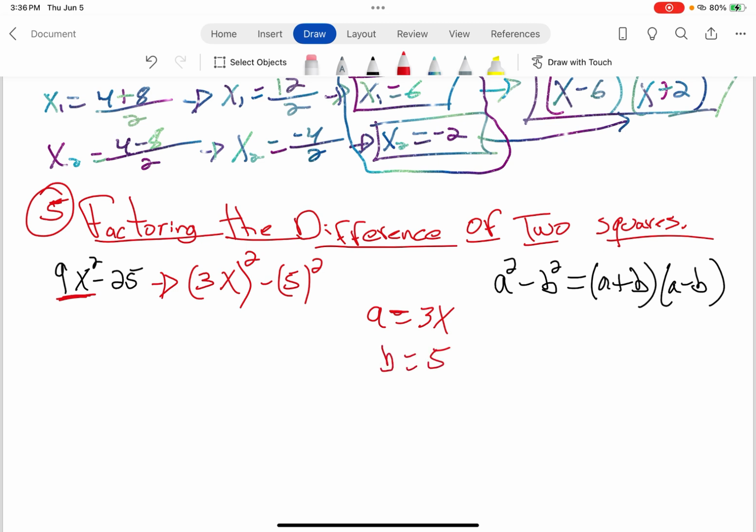Since I have those two numbers, now I can just plug in the formula. Here, parenthesis, a, who is my a? 3x. Then says plus b, who is my b? 5, close parenthesis. Then times a, who is my a? 3x. Then minus b, who is my b?